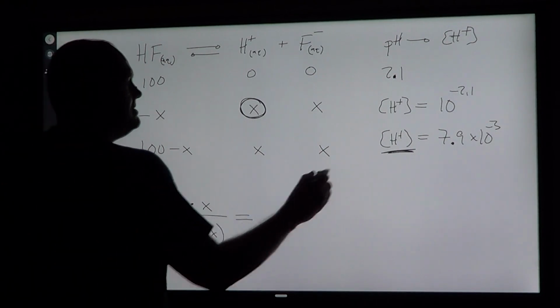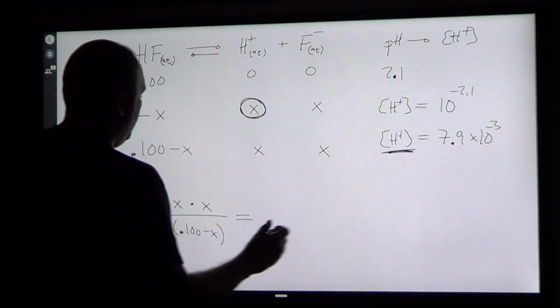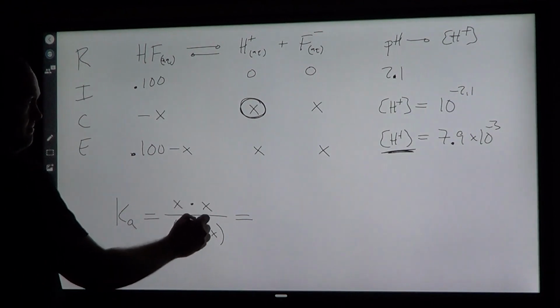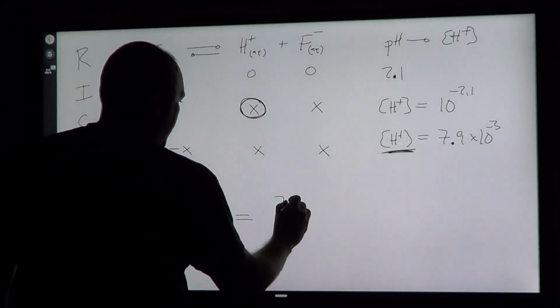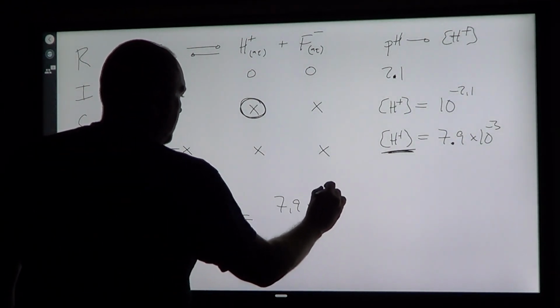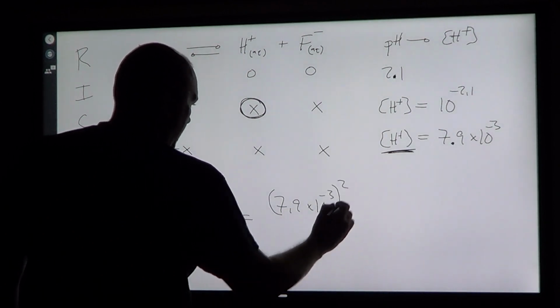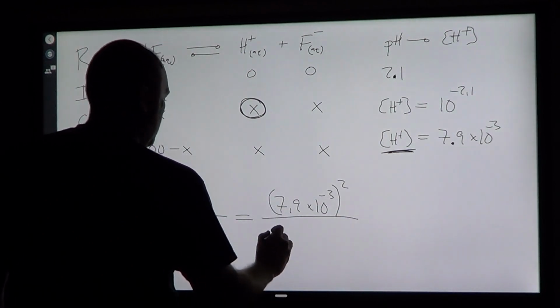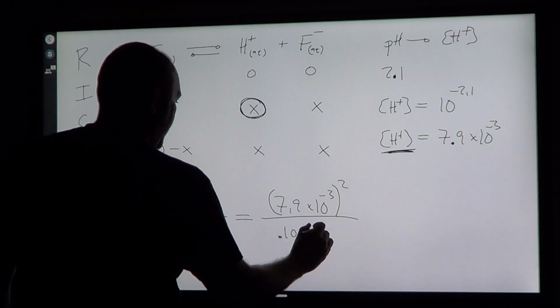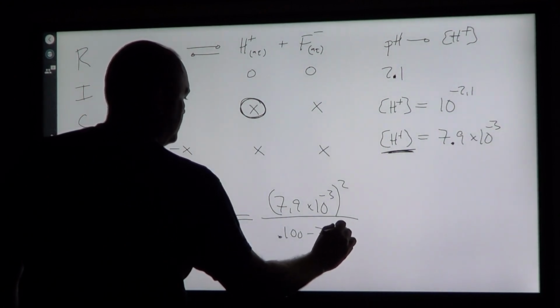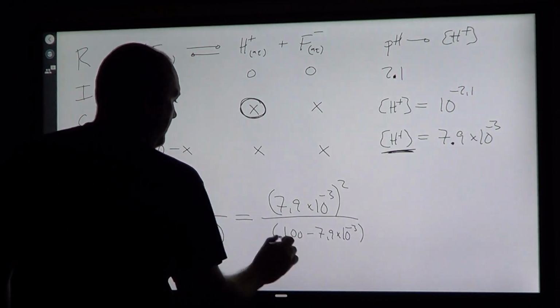And so now we can substitute this number for every X down here. So we get 7.9 times 10 to the minus 3 squared divided by 0.100 minus 7.9 times 10 to the minus 3.